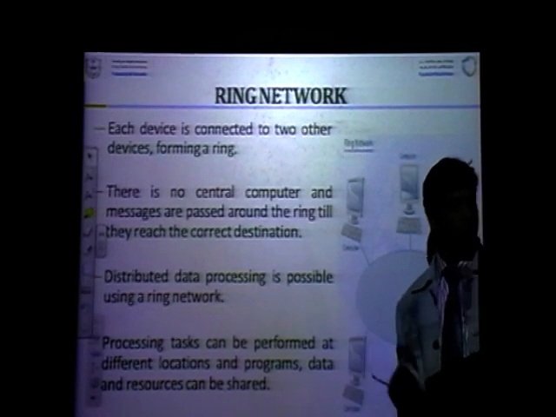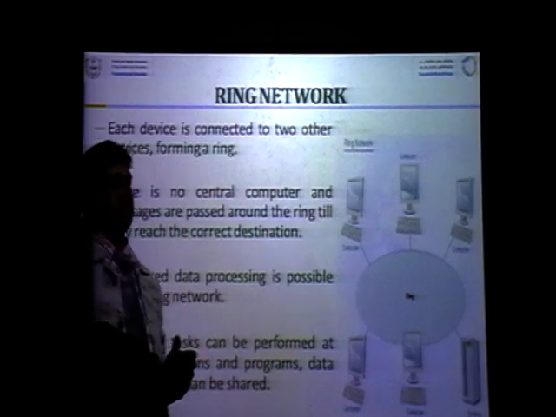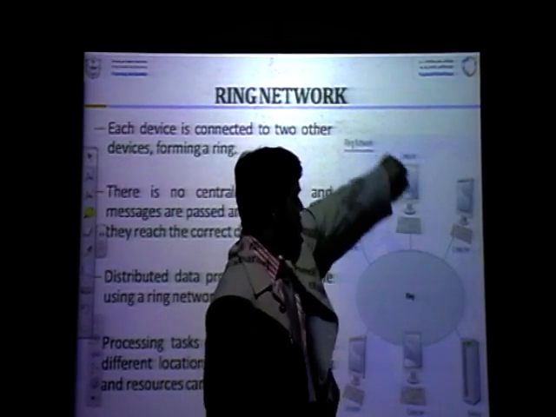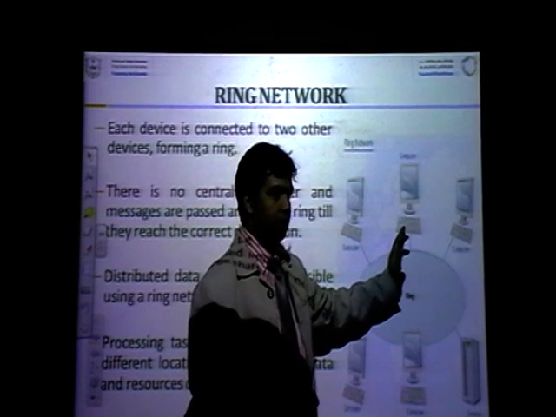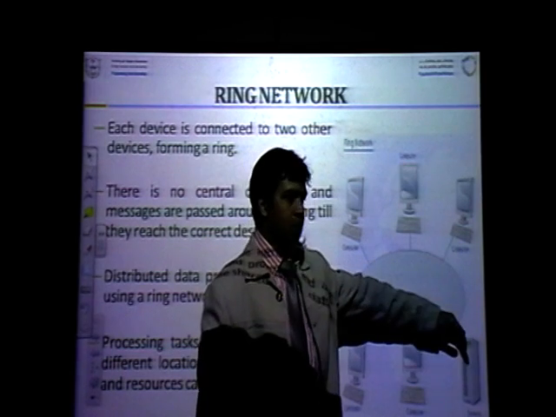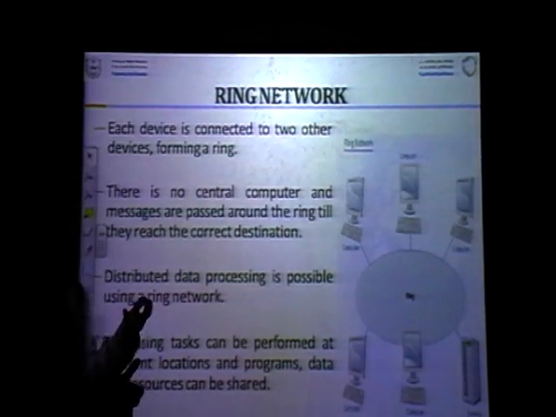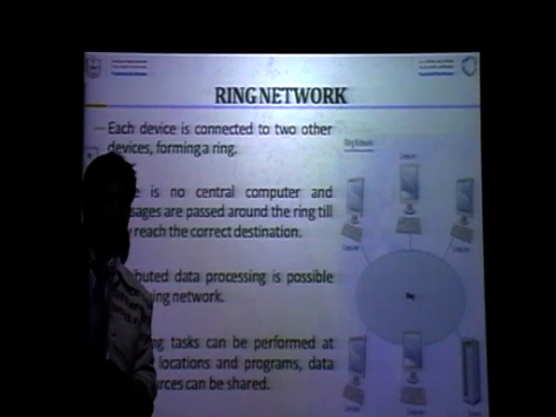If you remove one, the connection is broken. It will not go to the next one because you have removed this one. This is connected to here, this is connected to here. So if you remove one item, they will not be able to link. Every computer must be connected.